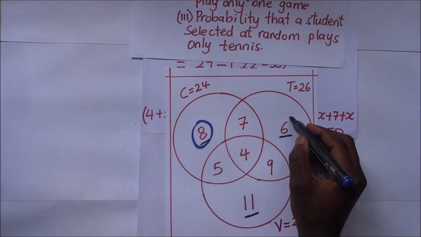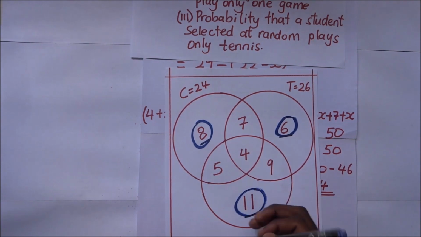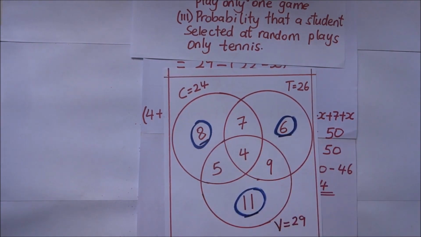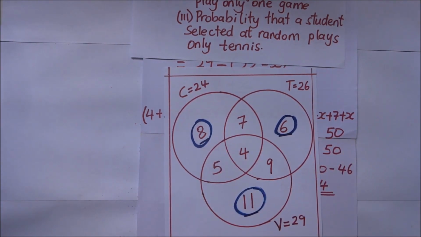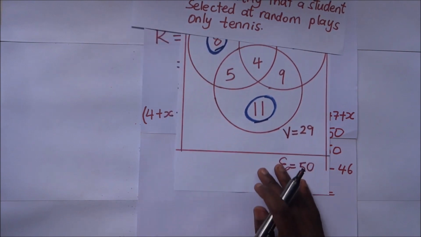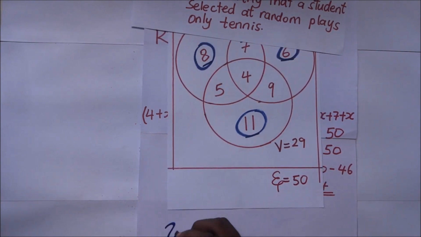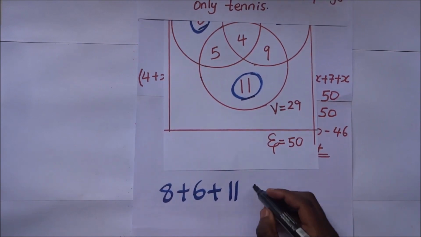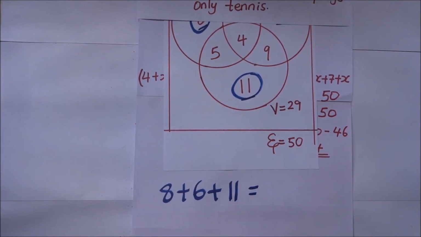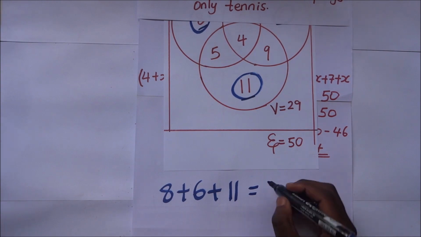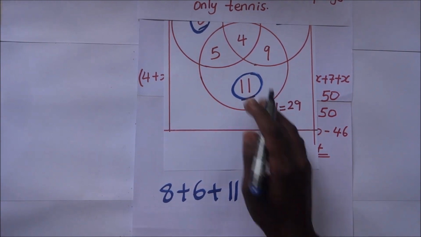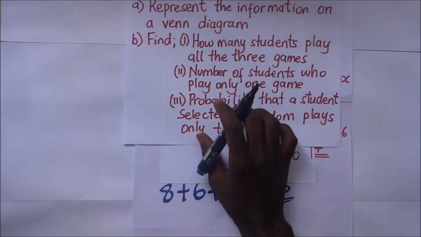So the students who play only one game are 8 plus 6 plus 11, which gives a total of 25 students.